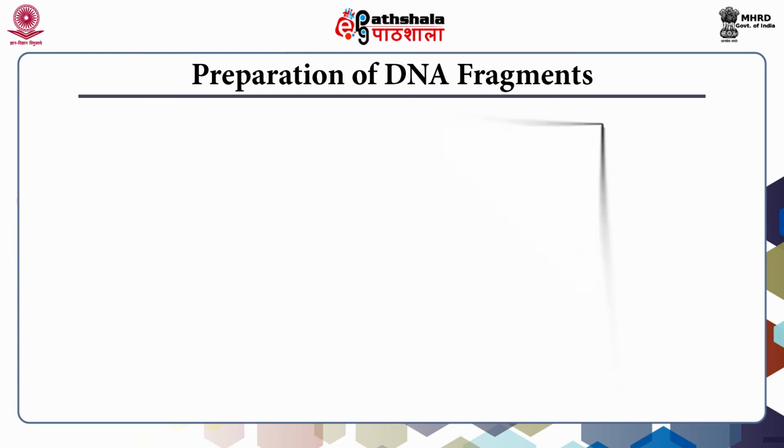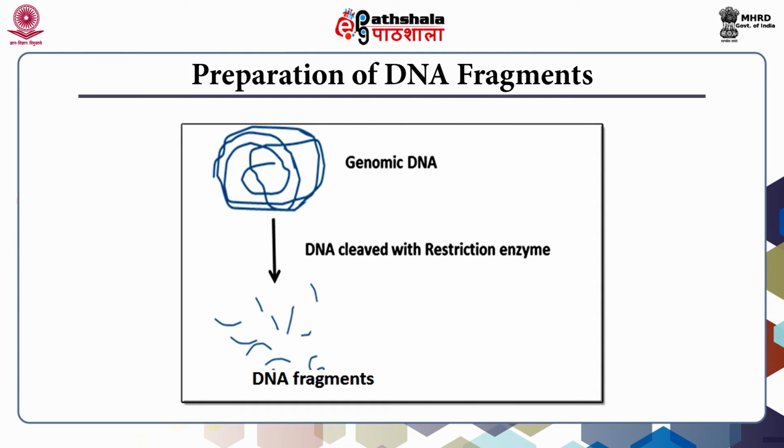The initial requirement of Southern blotting is the preparation of DNA samples and their fragments. The DNA sample should be purified and available in adequate amount to perform the experiment. During this step, the DNA sample to be analyzed is fragmented into small fragments which can migrate through the matrix of electrophoresis gel.